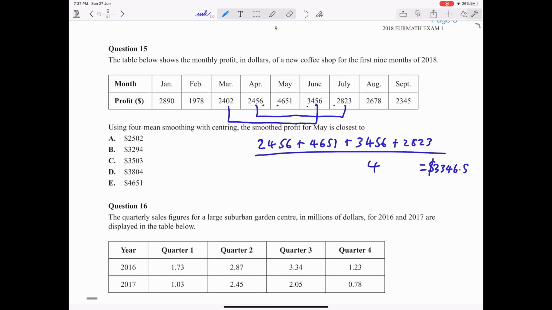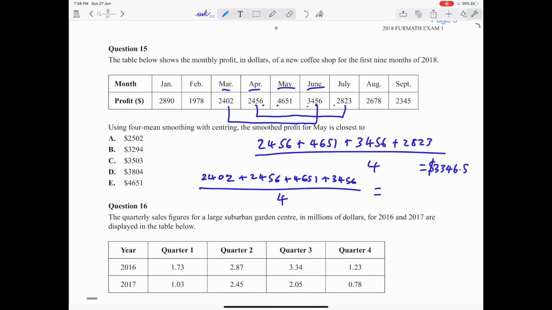And now we'll calculate the mean for the months of March, April, May, and June. So that's 2402 for March, 2456 for April, 4651 for May, and 3456 for June.